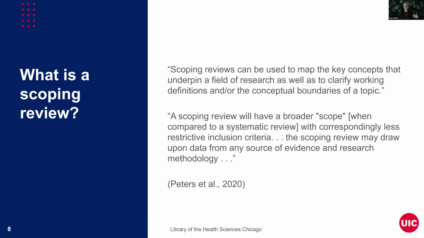So when you go search for that literature, you have to cast a very, very wide net. Scoping reviews then have to have that broad scope in order to capture all that literature. And so they have less restrictive inclusion criteria, and they draw upon data, sources, evidence, and research methodologies that are also broad.